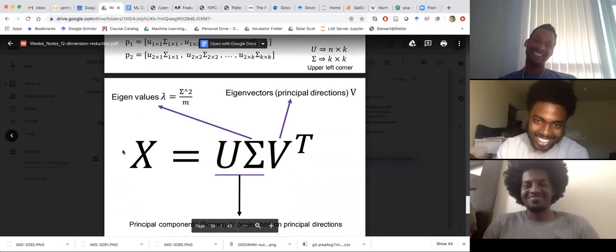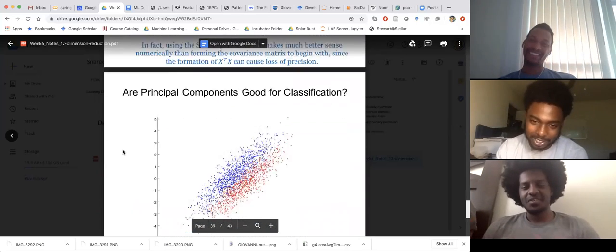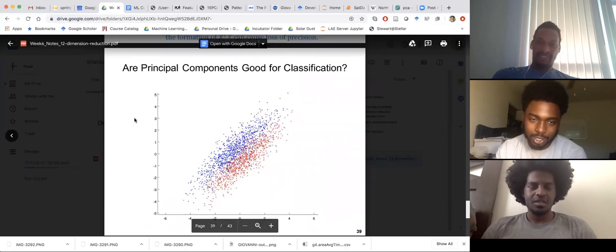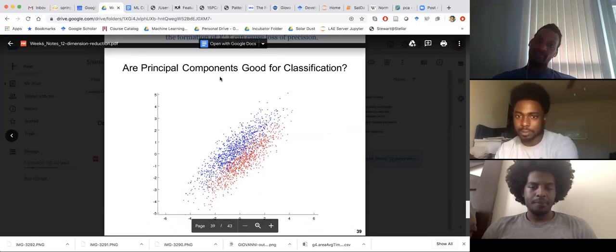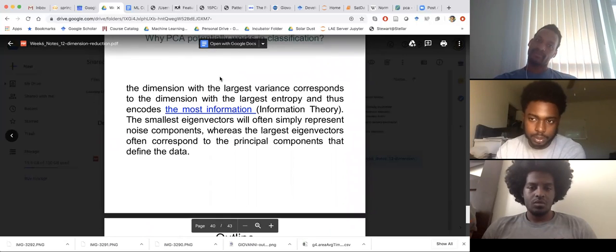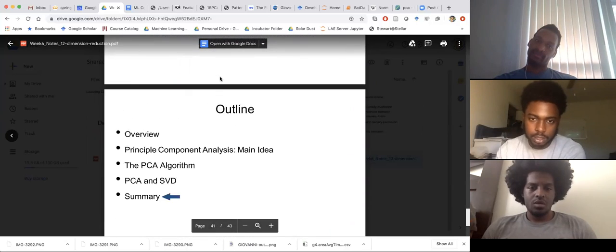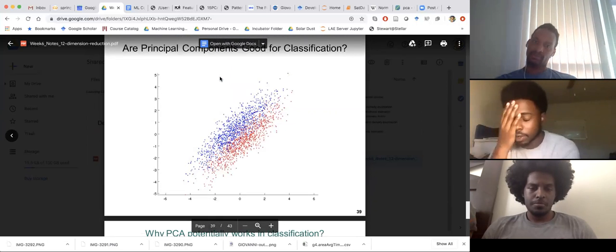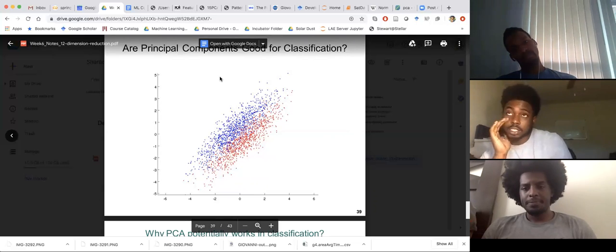Let me just talk about one more thing that I actually understand. The question is, are principal components good for classification? The answer is actually no. The text tries to show this.